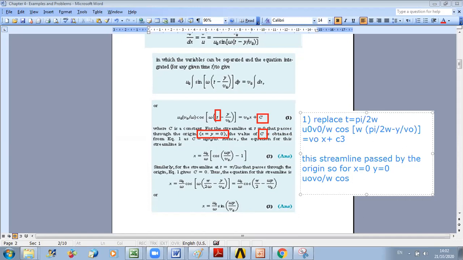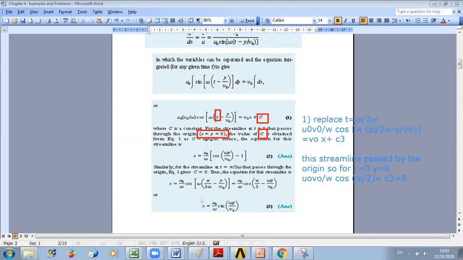Cosine 90 is 0, so this term will cancel, equal from the other side to v0 times 0, which is 0, plus C3. So we can deduce that for this streamline, the value of the constant is 0. Now you got the streamline equation that passed by the origin for t equal to pi over 2 omega.